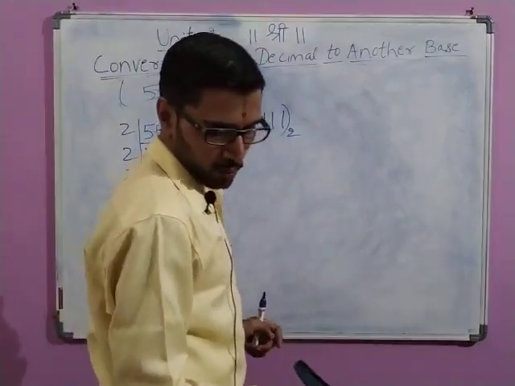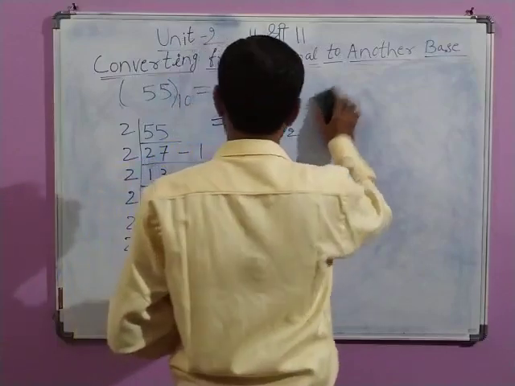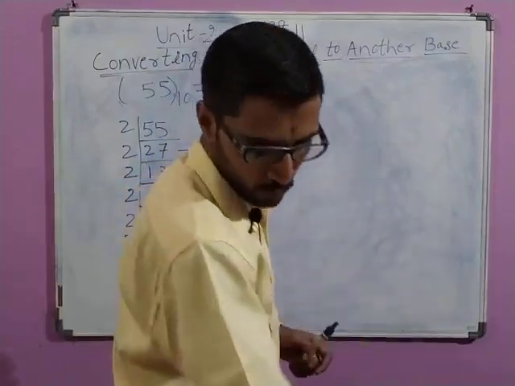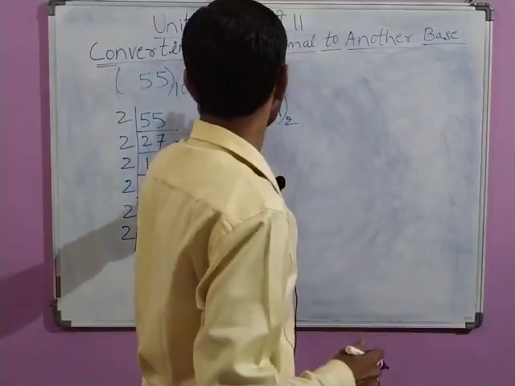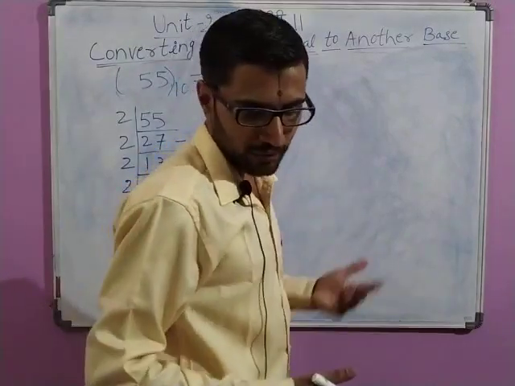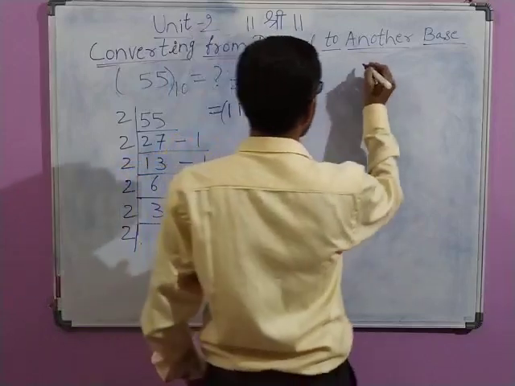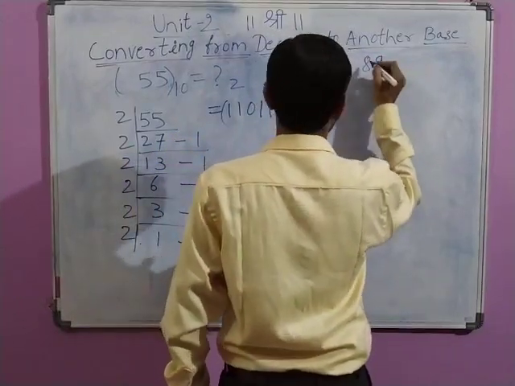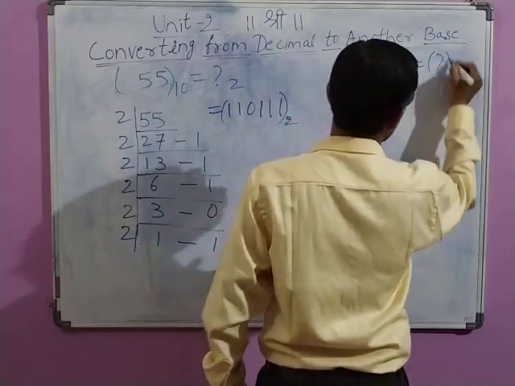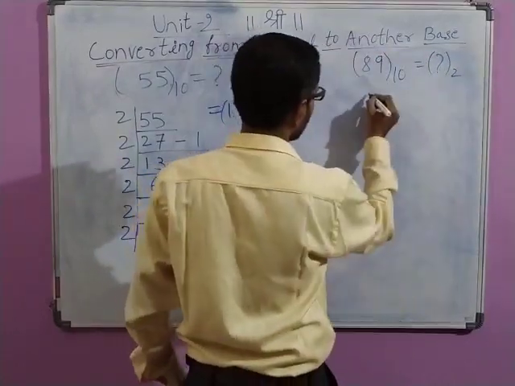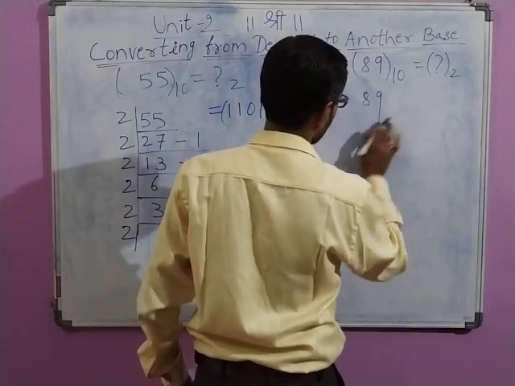We'll take one more problem for today's session, or we can take a few more problems. Now these all are from decimal to binary. I will take one more of this kind, 89 to the base 10, question mark to the base 2.